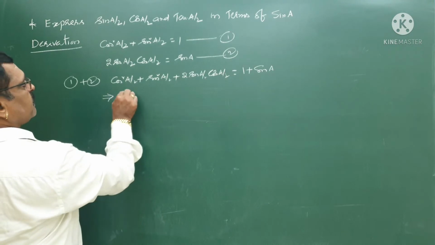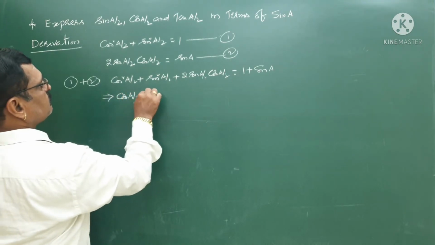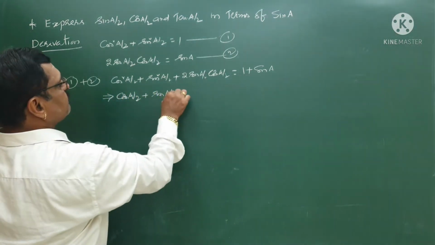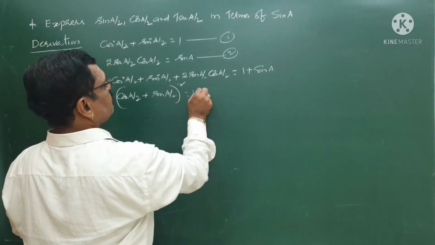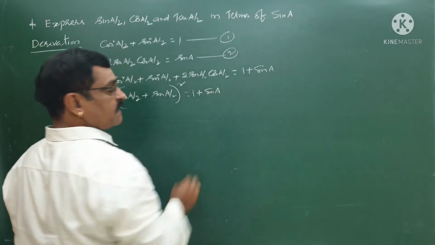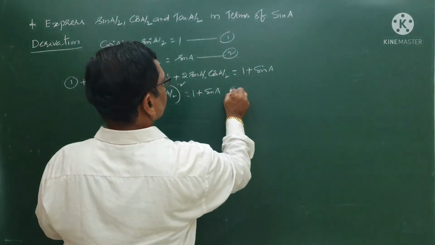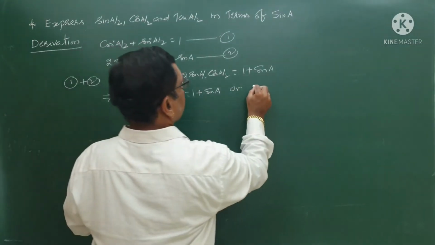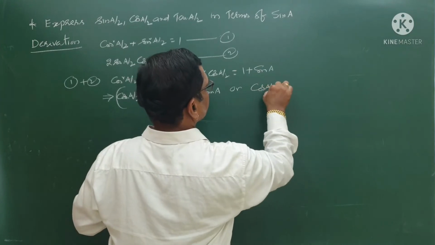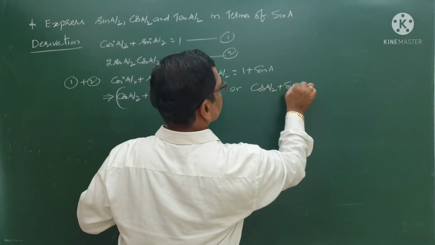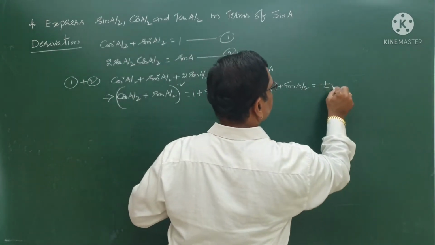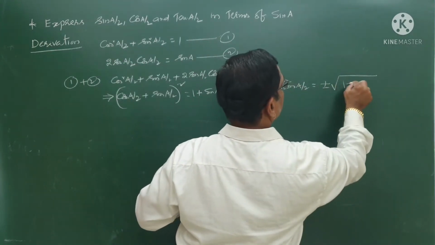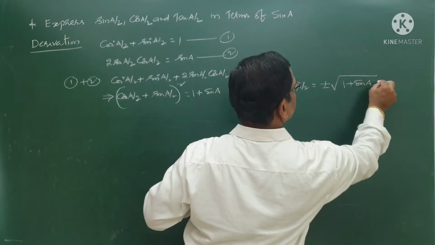This implies we get cos A by 2 plus sin A by 2 whole square is equal to 1 plus sin A. Or we have cos A by 2 plus sin A by 2 is equal to plus or minus square root of 1 plus sin A.